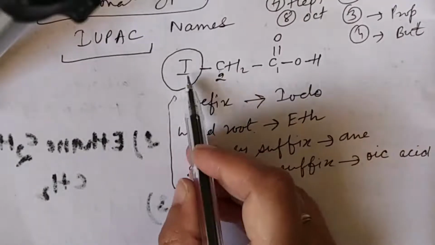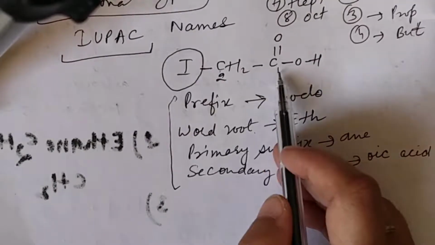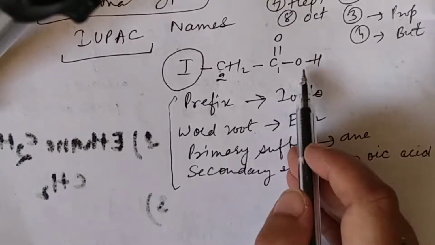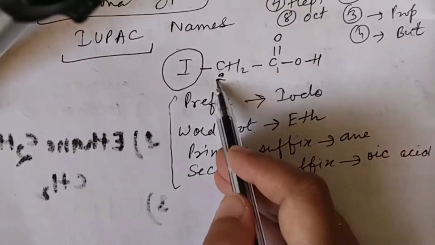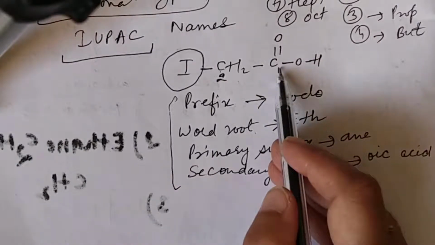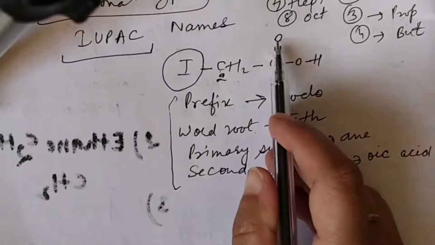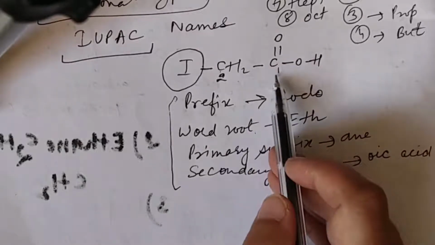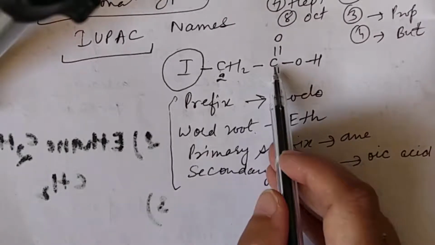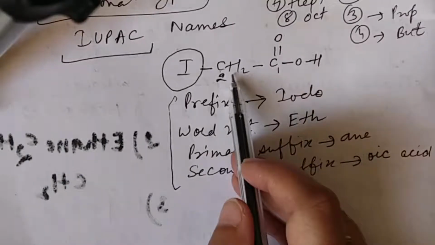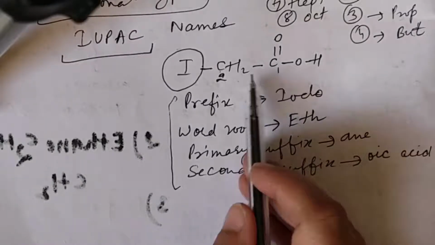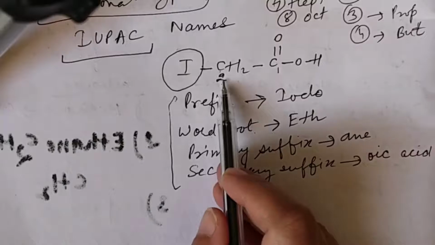Because the functional group should be given priority in the organic compound, we start the numbering from the carbon atom carrying the functional group. Carboxylic acid itself carries a carbon, so it is counted in the main chain of carbon atoms, and it will be 1, and carbon 2 is carrying iodo.